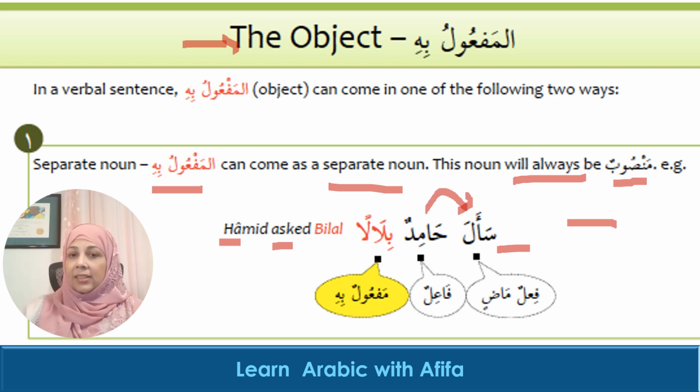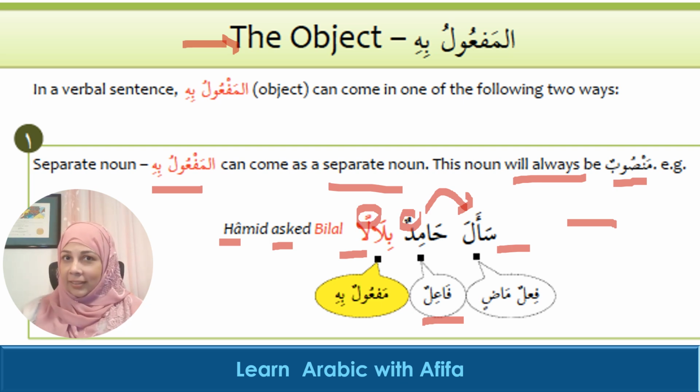As we said, it is the fa'il and it shows its role as the subject with the marker of the dhamma at the end. It has a tanween dhamma in this case and we say it is marfu'un. Okay, now let's look at the object, which is Bilalan. Here it shows its marker as the maf'ulun bihi with the tanween fatha, right? So we say it is mansubun.